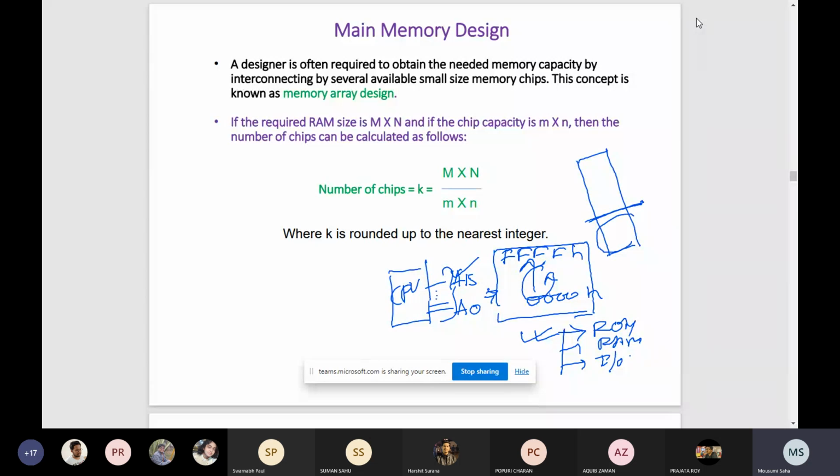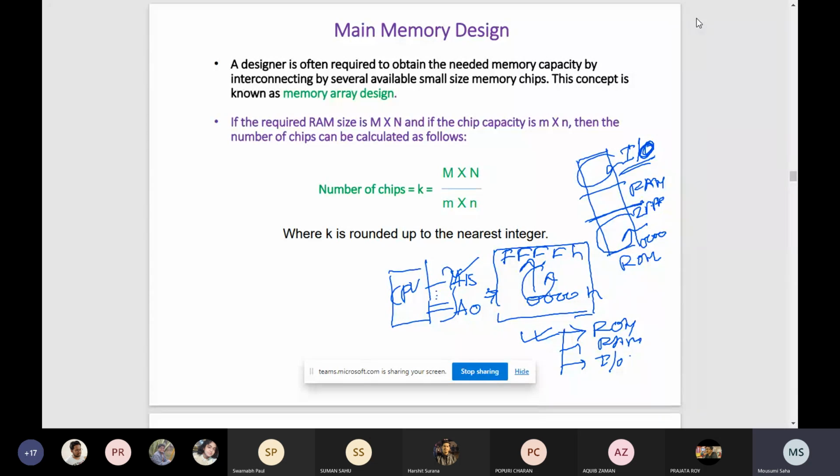Some part of this address space, suppose 0000H to 0FFFH, we use for the ROM. Some part of the address space we use for the RAM, some address space we use for designing the ports, different types of ports for addressing the IO devices.